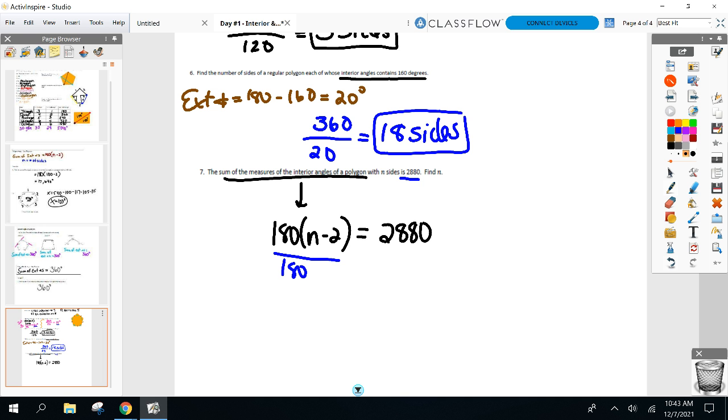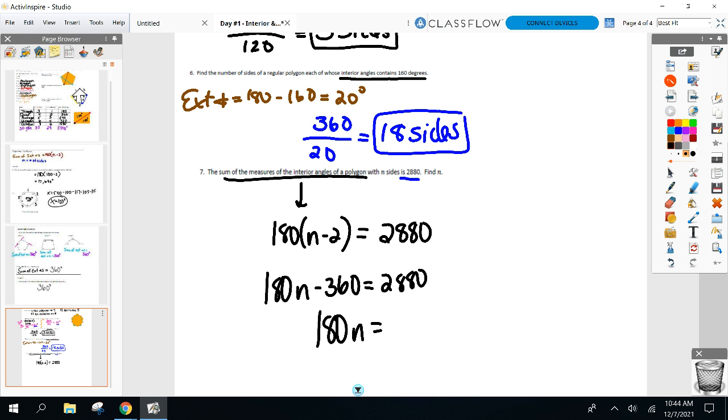Either way works, so I'll do the distribution. 180n minus 360 equals 2,880. Add 360 over. When you add 360 over, you get 3,240. Then you can divide by 180 and get 18.